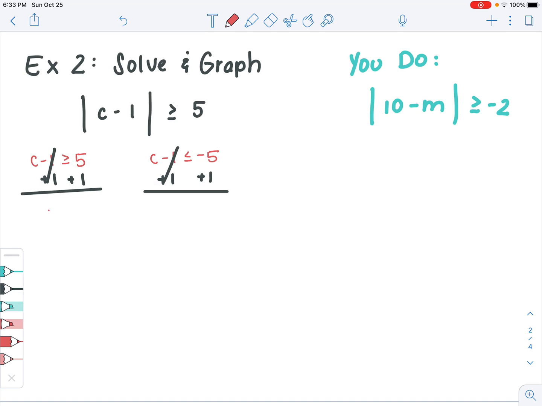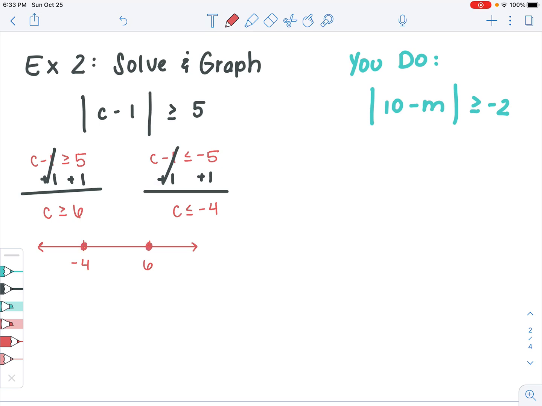When I do that, I get c is greater than or equal to 5 plus 1, which is 6, and c is less than or equal to negative 5 plus 1, which is negative 4. And now I see that I started with a greater than or equal to sign, so that tells me that I should have an OR graph when I'm done, but I'm going to double check myself.